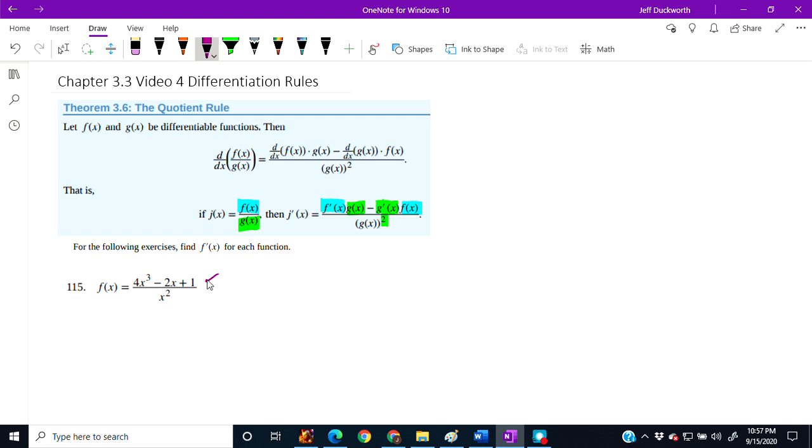All right. So our numerator, I'm going to say is g of x. It's a polynomial function. We've got another polynomial function we'll call h of x. That's our denominator. So f prime of x equals the top function to the first derivative. So this is going to be the derivative of 4x cubed minus 2x plus 1, multiplied by our denominator, which is just x squared.